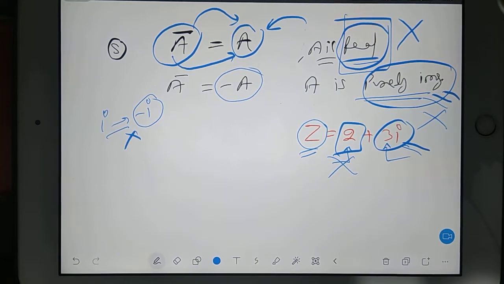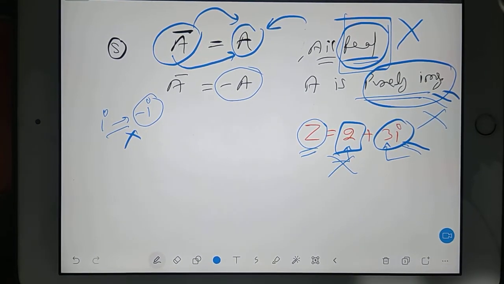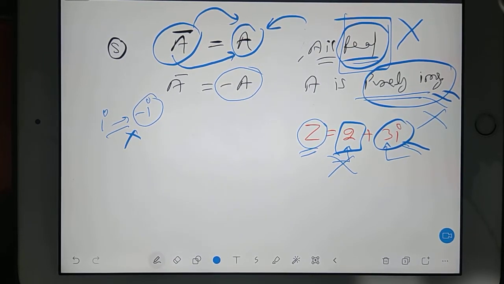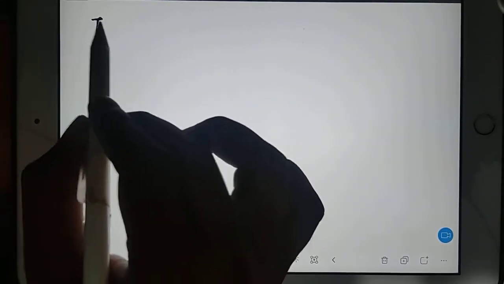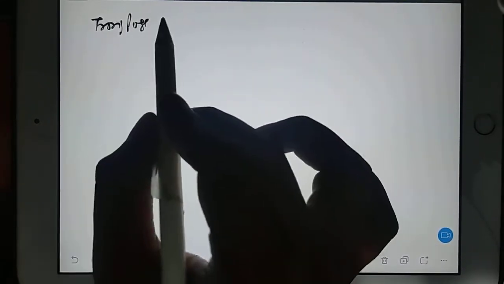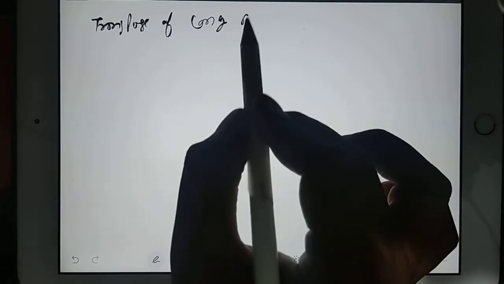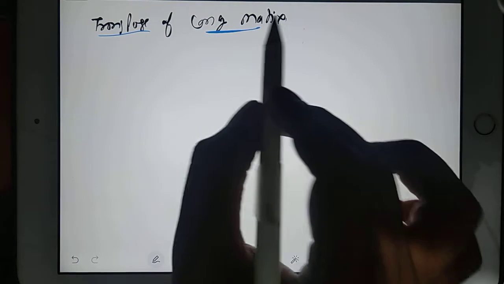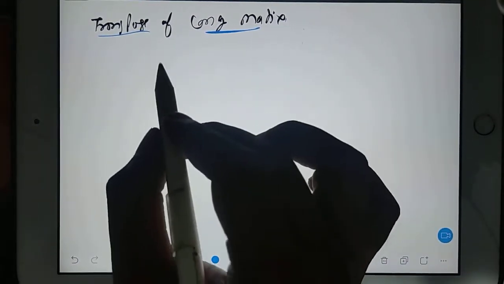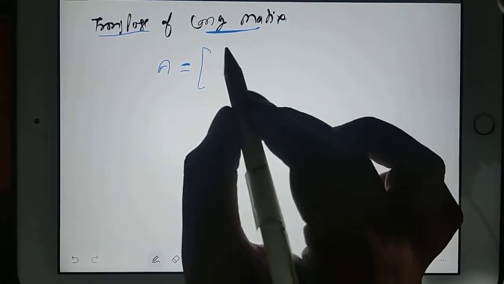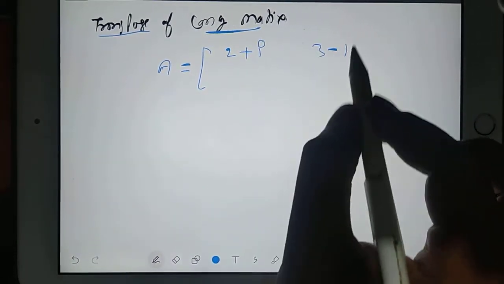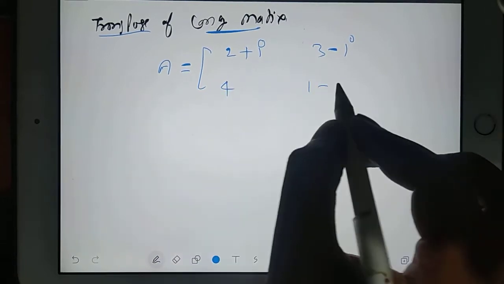Now, what will happen if we do the transpose of this matrix? Whenever we do the transpose of a conjugate matrix, I'll change the page, take down the heading as transpose of conjugate matrix. Let's take an example. Suppose I take A with entries 2i, 2 plus i, then 3 minus i, and here 4 and 1 minus i.